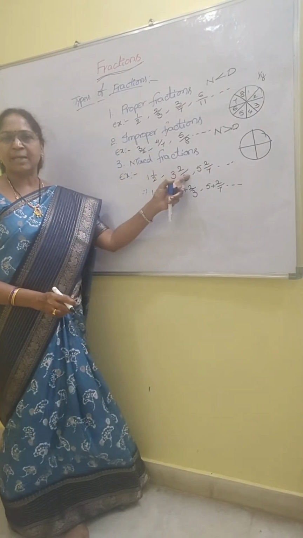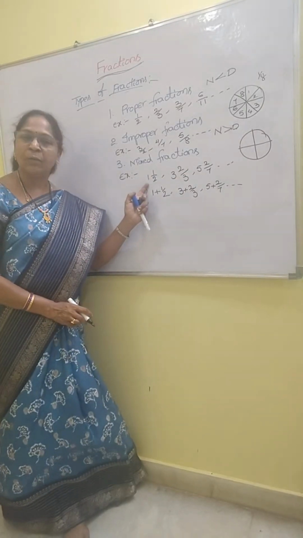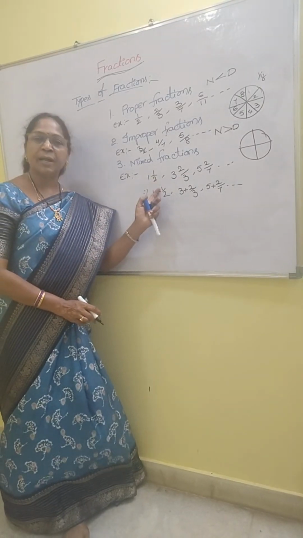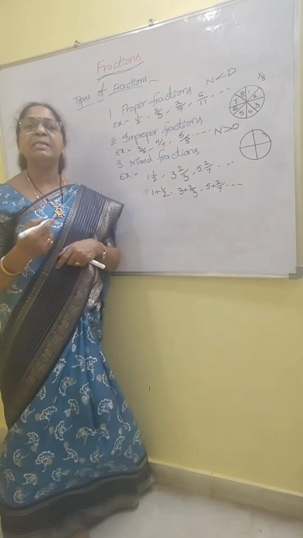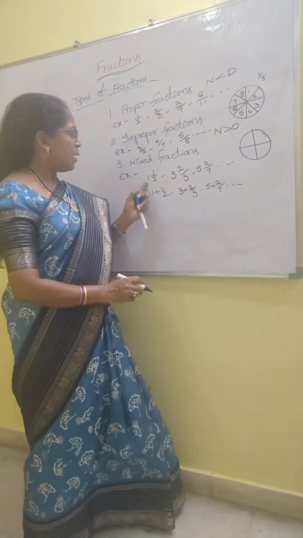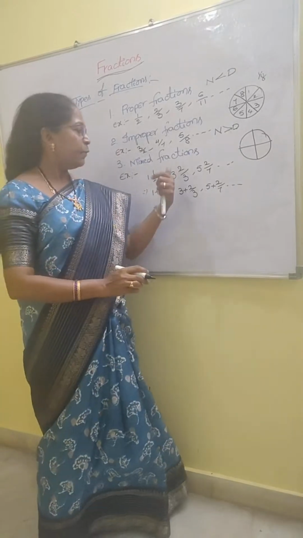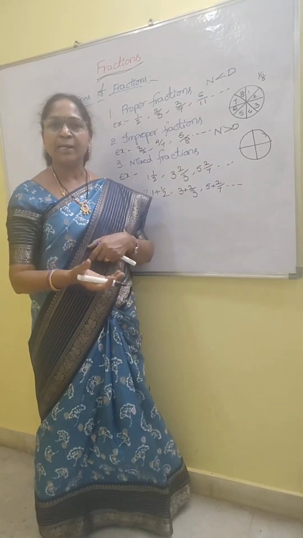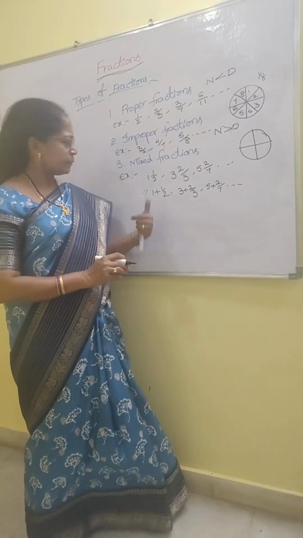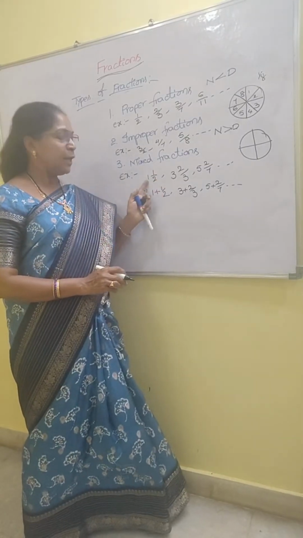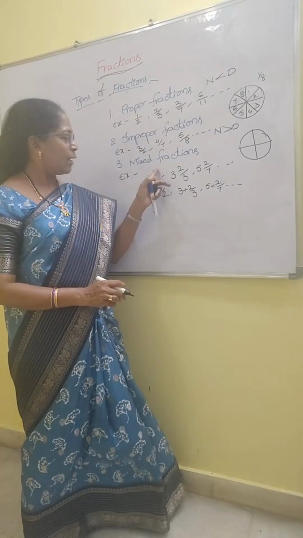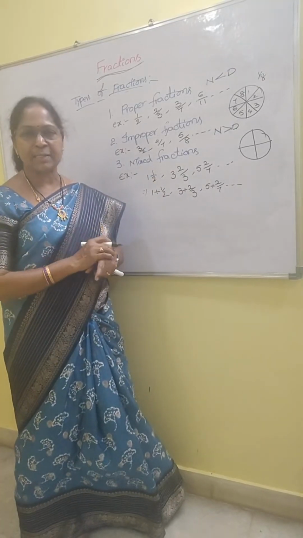Now mixed fractions. A combination of a whole number and a proper fraction is called a mixed fraction. Examples are 1 1 by 2, 3 2 by 3, or 5 2 by 7, and so on. Here 1 is the whole number and 1 by 2 is the proper fraction.